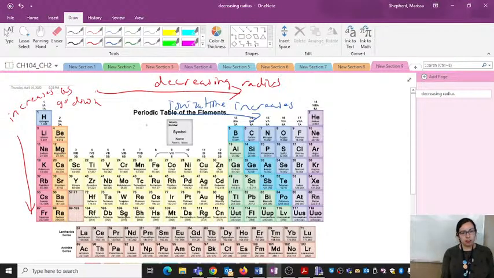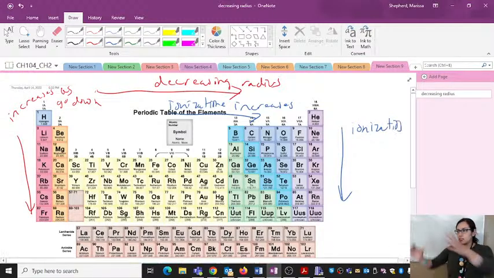So obviously fluorine would not want to give up an electron compared to lithium. But then ionization energy decreases as you go down as the shells get larger, so they're farther away from the nucleus, so easier to kick off.